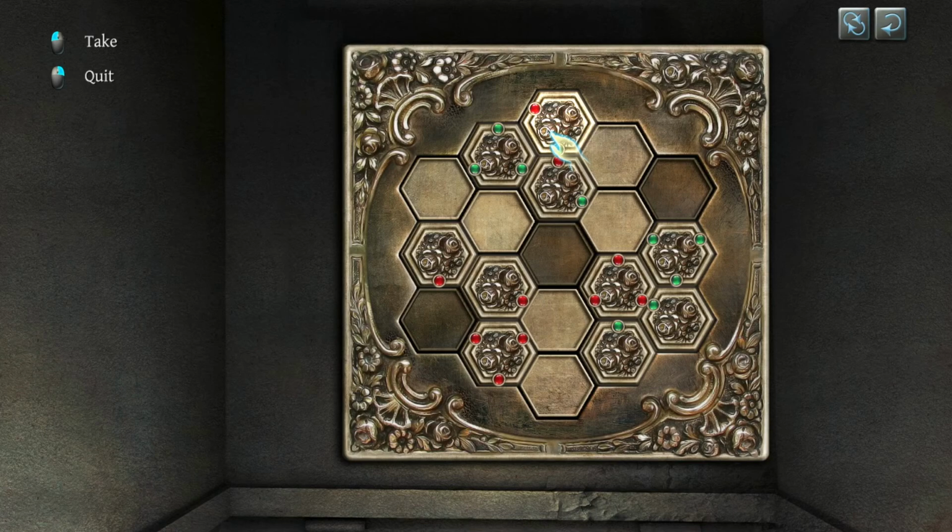I guess we need to put the same colors connecting each other. So basically there has to be quite a lot of red around this.